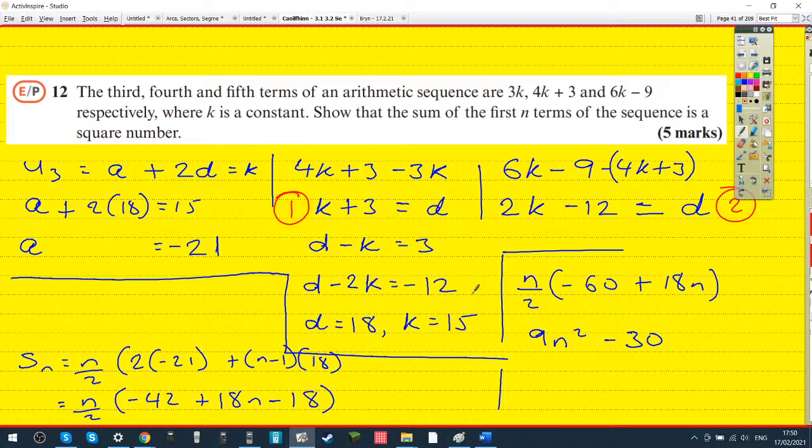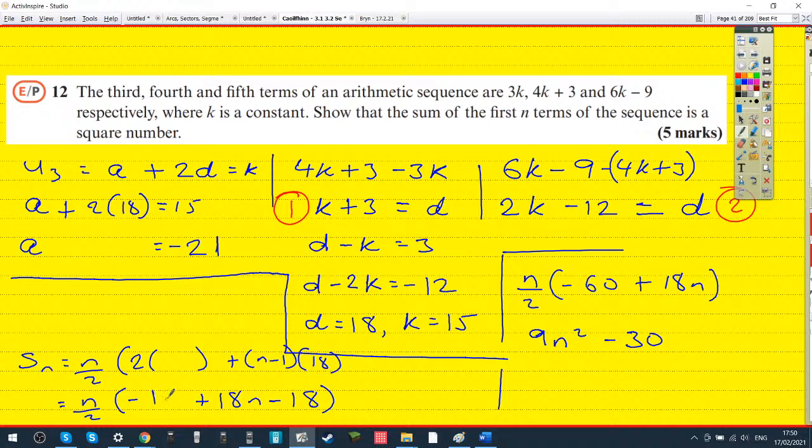Who knows why? We missed a minus somewhere. So we sub in. A shouldn't be minus 21, it should be 9. So that would be 18.